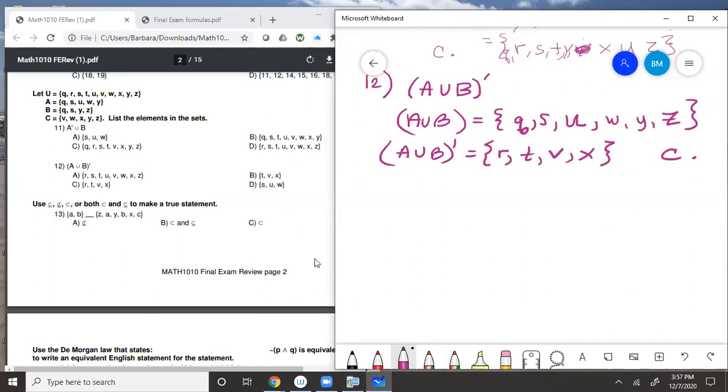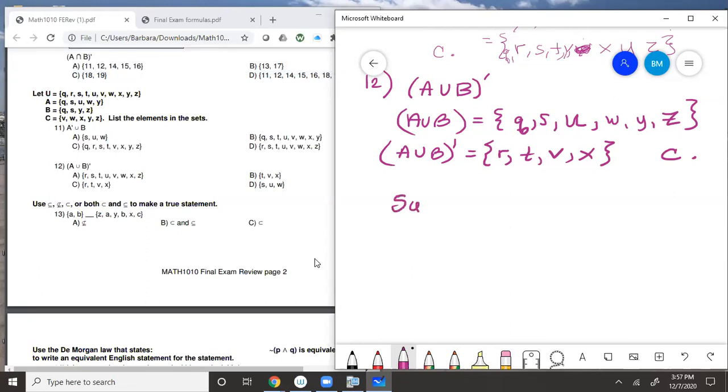All right, 13. We are going to use subset, not subset, or proper subset, or both subset and proper subset to make a true statement. Just know that the symbols are on your formula sheet. The symbol for a subset is contained in and or equal to, and the symbol for a proper subset is everything contained in.